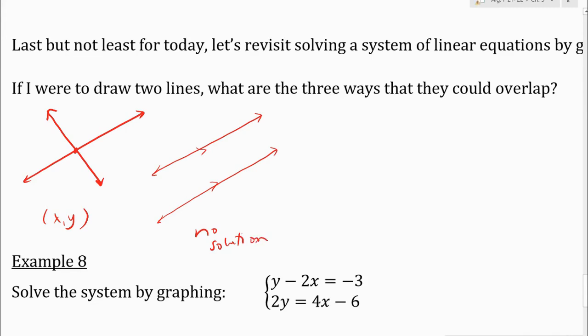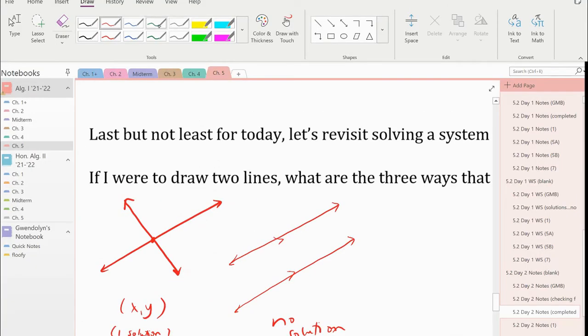Okay? So here you got one solution, which is an ordered pair. Here we have no solutions. Is there anything else that could happen?